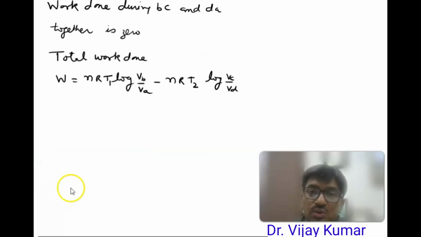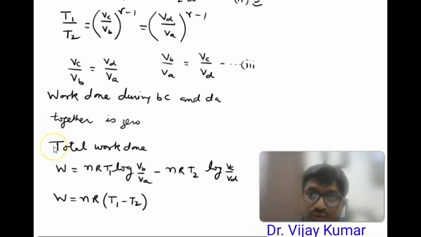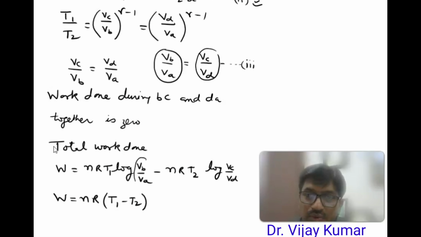So W is equal to nR (T1 minus T2), and from equation number 3, VB upon VA is equal to VC upon VD.